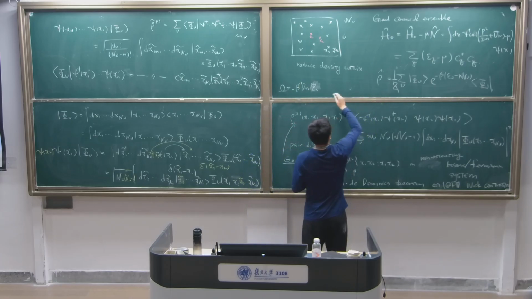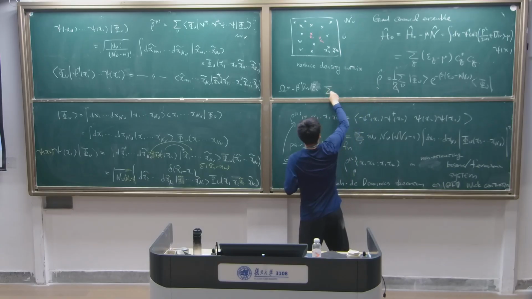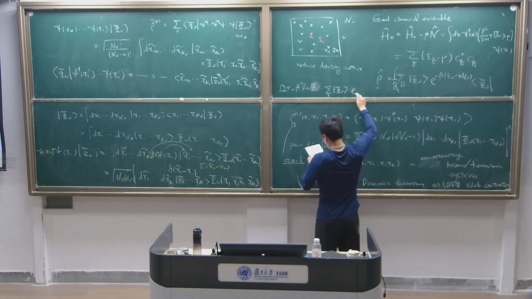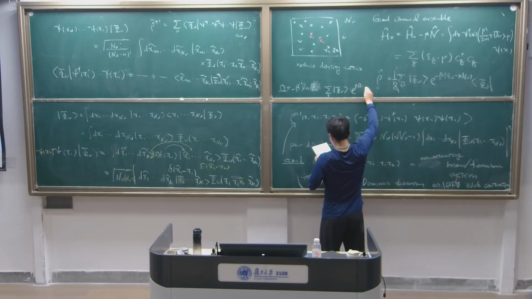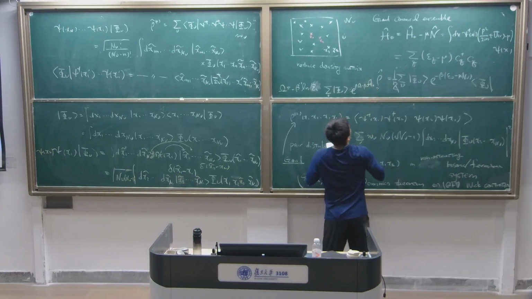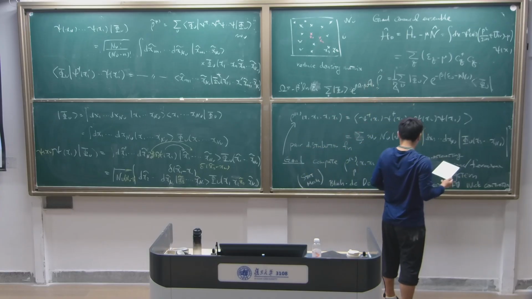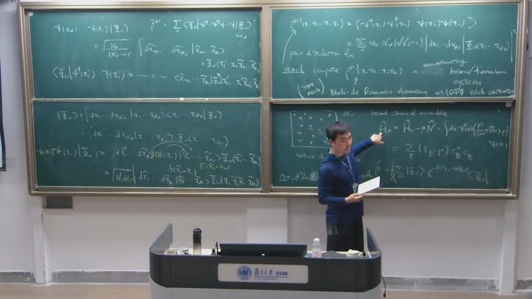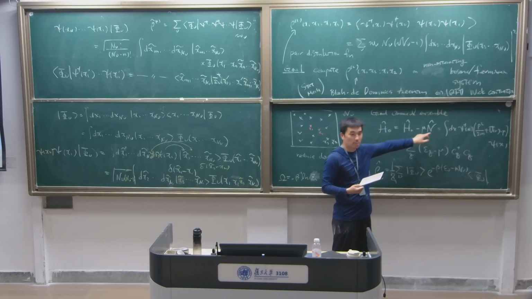So if you plug that in here, this can be understood as the sum over nu of e to the beta omega minus beta curly H hat. As I mentioned, the square H is just the Hamiltonian of the system of particles, and curly H is just shifted by mu times the number operator.